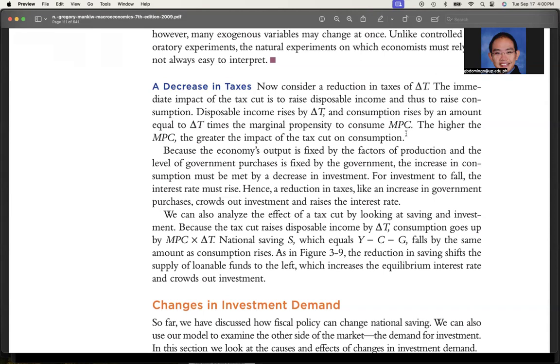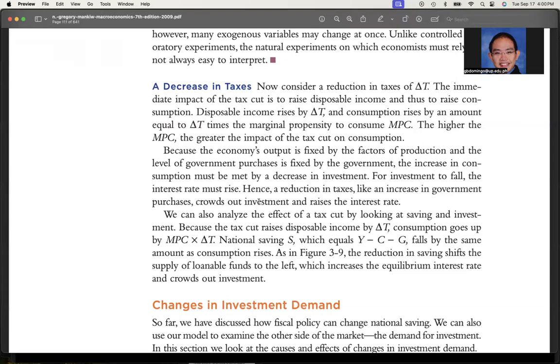We'll do this homework question in a moment. Maybe it will be clearer then. But basically what we're saying is that because the economy's output is fixed, for investment to fall, the interest rate must rise. Hence, a reduction in taxes, like an increase in government purchases, crowds out investment and raises the interest rate.